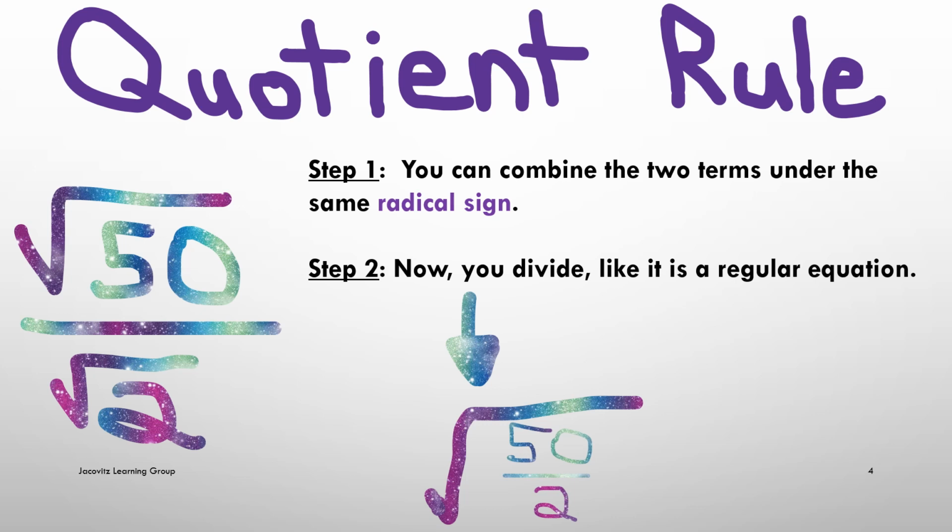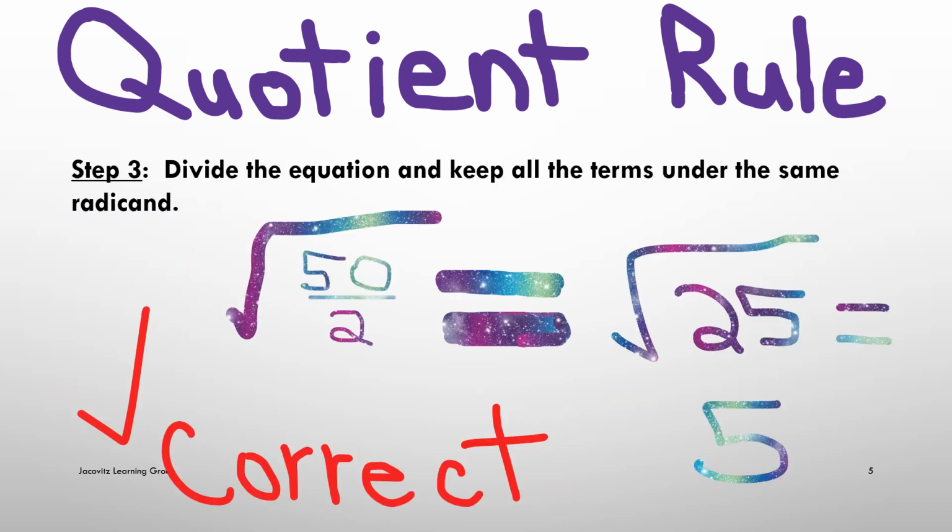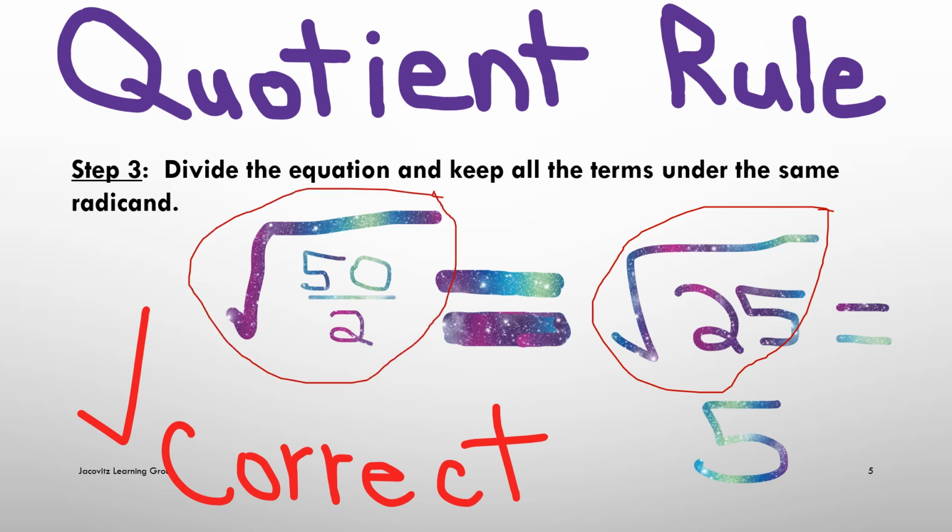Okay, and then you come over here. Here's a quotient rule. You can combine these two and make this whole thing like this. This was done in these psychedelic colors here. And this then becomes 50 over the square root of 2. And when you go over here, 50 over the square root of 2 is 25. This was done here, but guess what? It's the square root of 25 because you can't remove the radical sign yet.